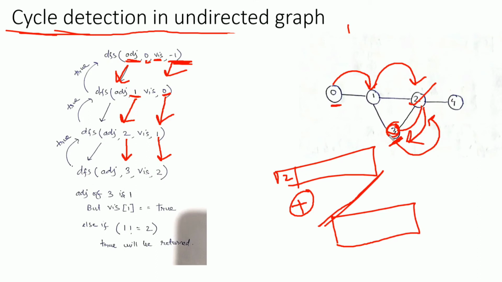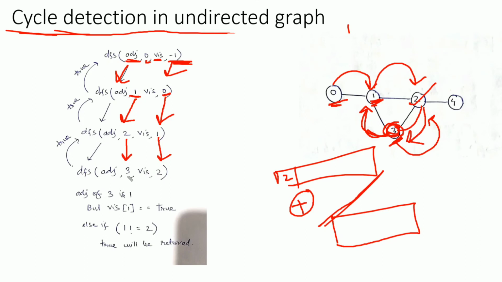So the next adjacent vertex is vertex 1. Suppose from 3 we went to vertex 1. Now the parent of vertex 1 is 0. And from 3 suppose we went back to vertex 1.